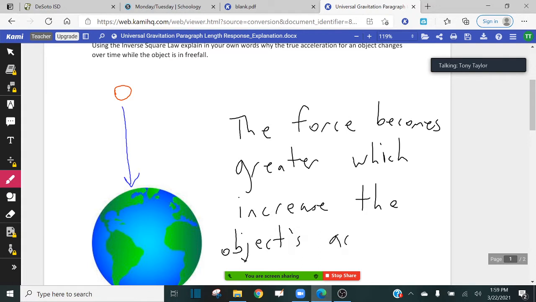So that's basically the answer to this question. The reason why the acceleration is not constant is because the force acting on it is not constant. Does that make sense, guys?